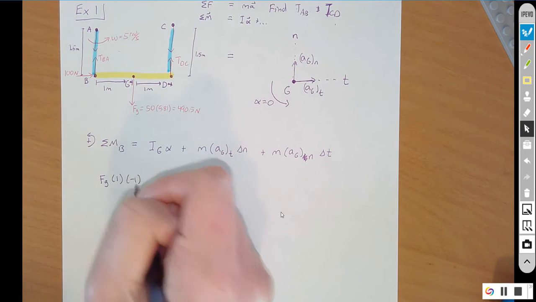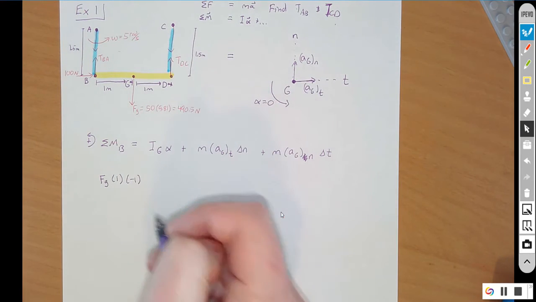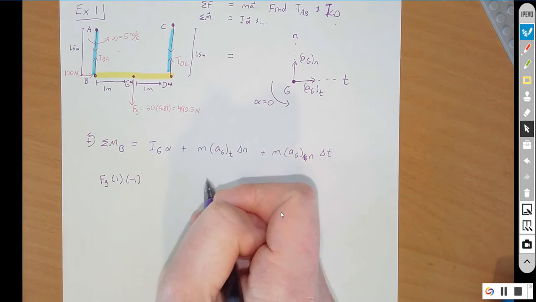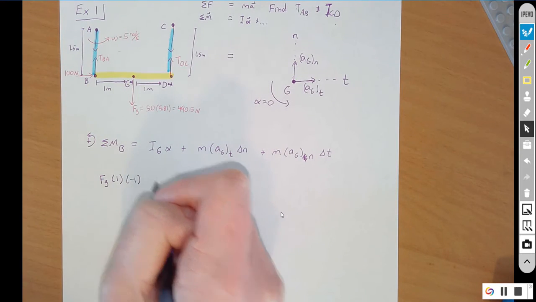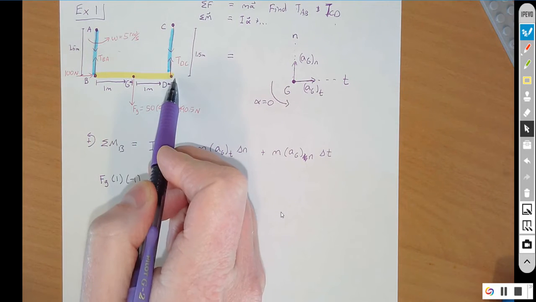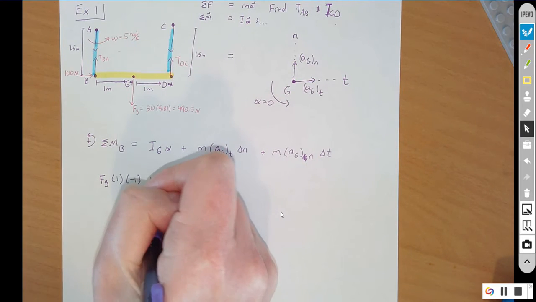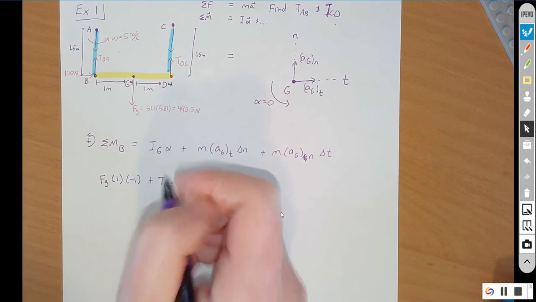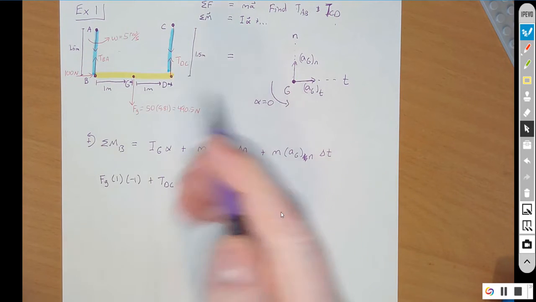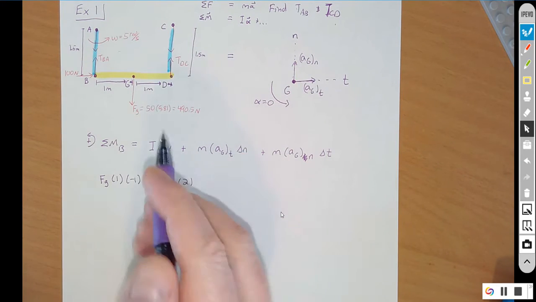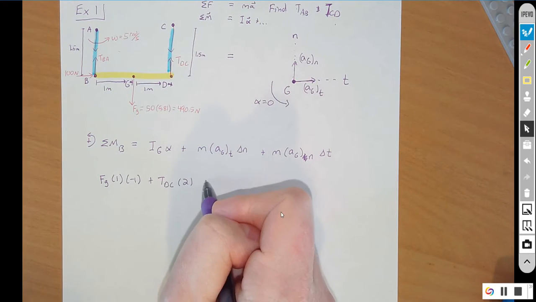So determine your senses manually. These are 2D problems. If you don't want to do that, then you have to use vectors. Still doing moments, going over here, we now have tension DC. So plus tension DC. This acts 2 meters away from B. It will produce a positive moment. So that is for our moments.